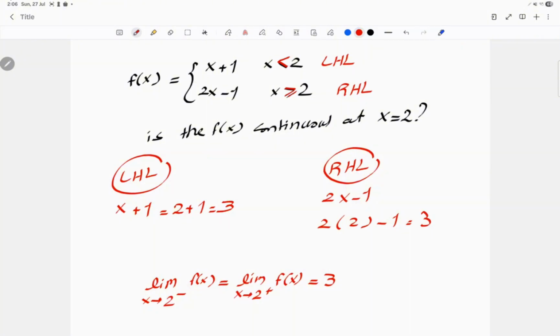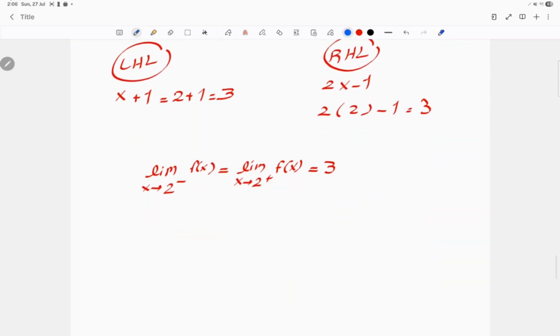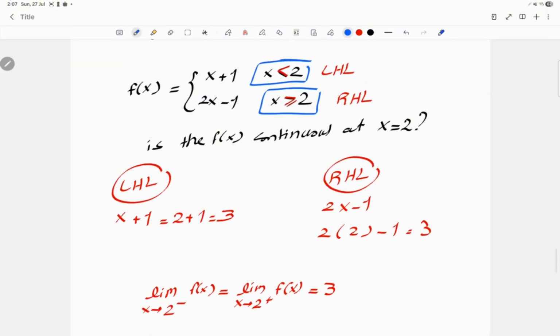But is the limit the same as the function? What's the function when x is equal to 2? Which one do I use? Do I use less than, or do I use bigger than or equal to? If I want to find f of 2, which one do I use?